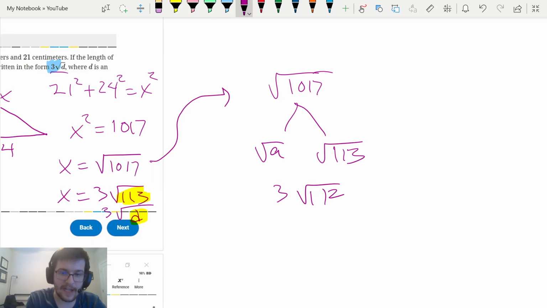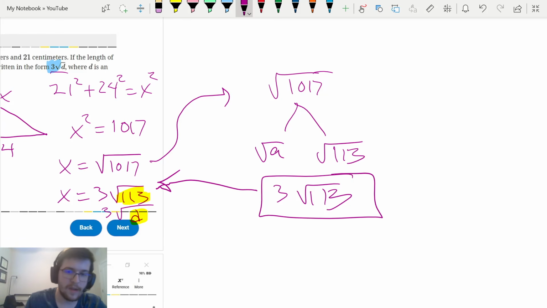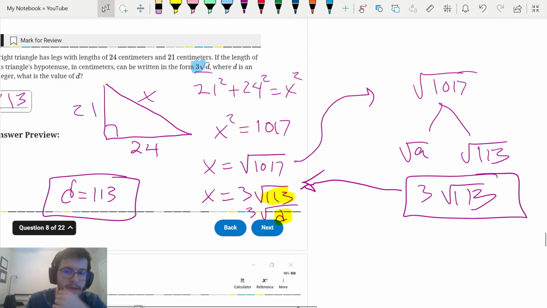But that is such a pain in the neck. You should really just get a graphing calculator program that can simplify radicals. Because you see, that saved me a good 10 or 20 seconds. And it probably would have saved most kids a ton of time because it's really hard to see the big number. You don't know what number goes into it. And if you didn't notice the whole 3 root D thing, it's going to be really hard to figure out.